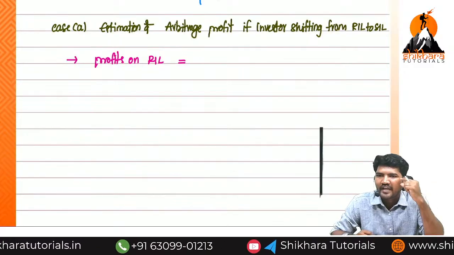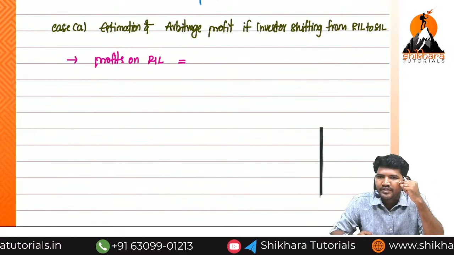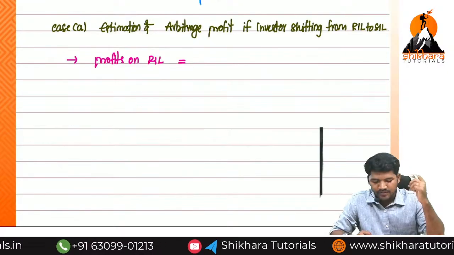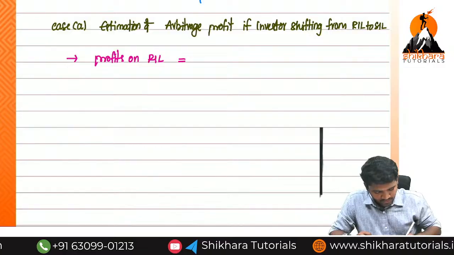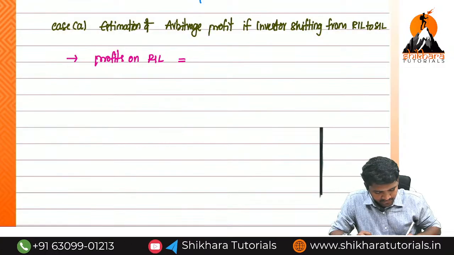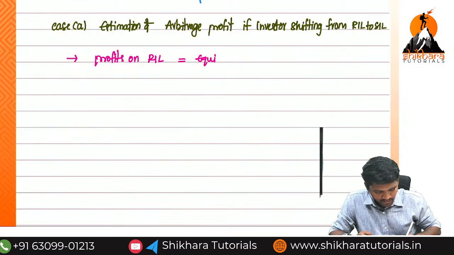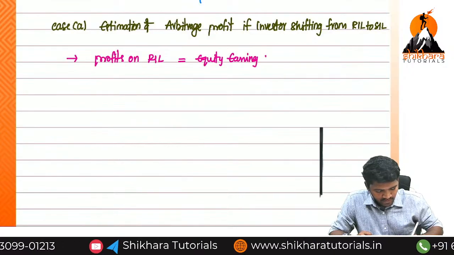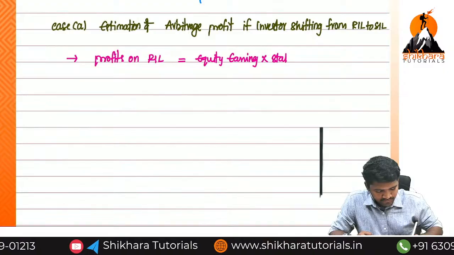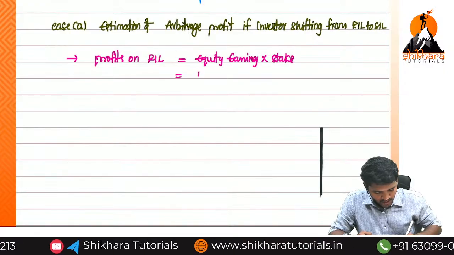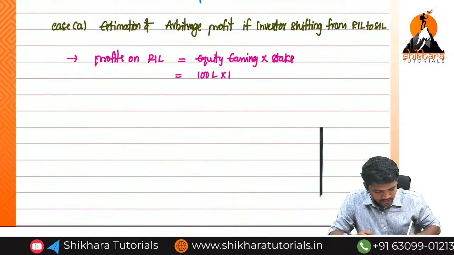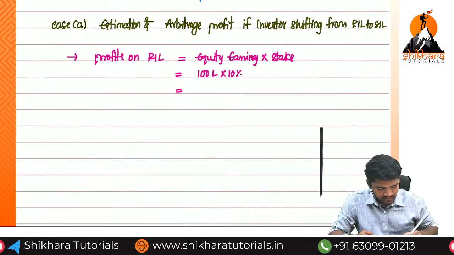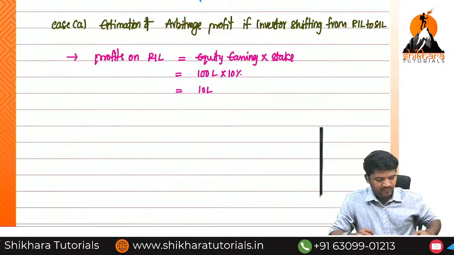How much stake do I have? 10%. Now, what is the equity earnings? Equity earnings into stake. Now 100 lakhs into 10% of stake. How much returns will I enjoy in that company, Real? 10 lakhs.